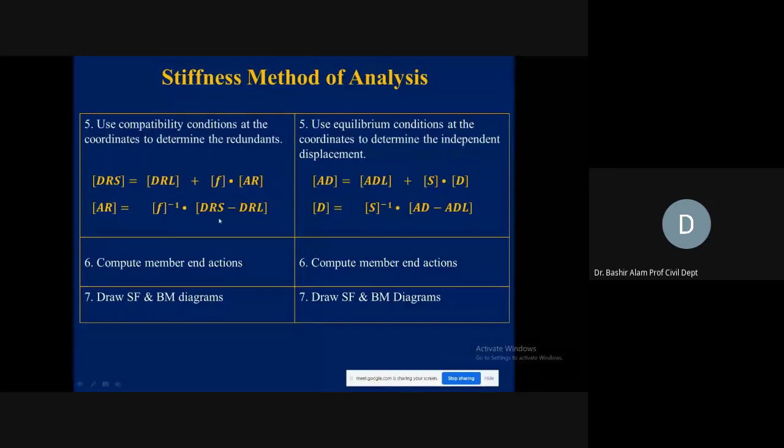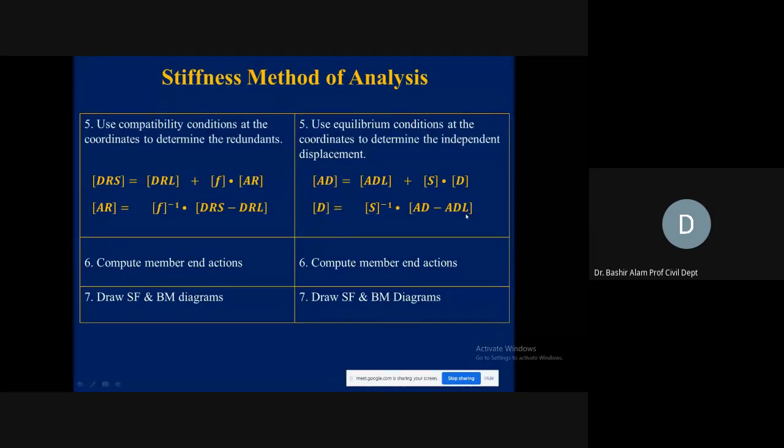Instead of inverse of the flexibility, we have inverse of the stiffness coefficient matrix. Instead of the DRS, which was a precondition, now we have a precondition AD, action corresponding to the displaceable giant we will be looking. Instead of the DRL, we will be looking now again action corresponding to this displaceable joint in the actual loaded structure. So this is the equation.